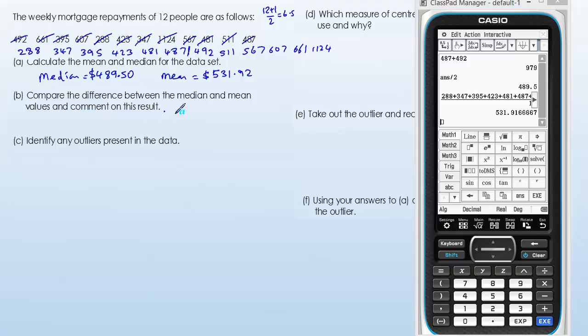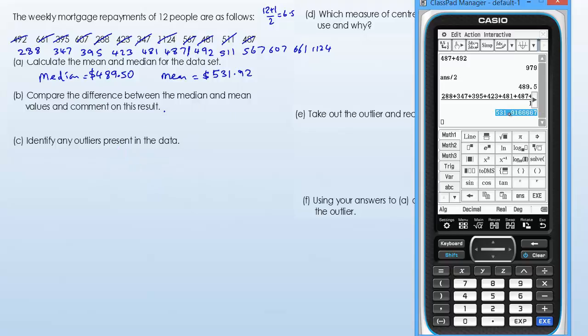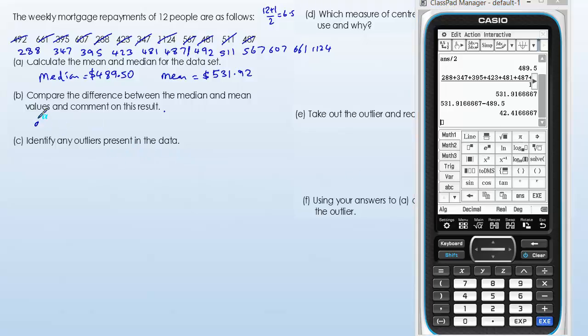Compare the difference between the median and mean values and comment on it. So the difference between the two is going to be that one take away that one. So we've got a difference of $42 and 42 cents.